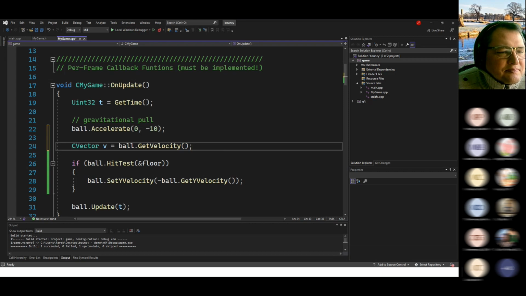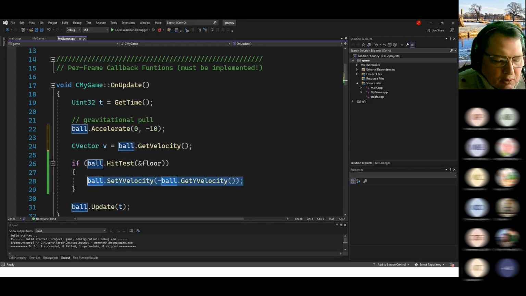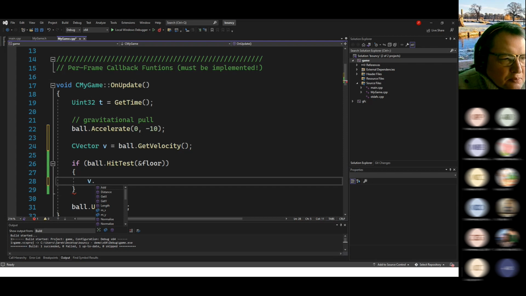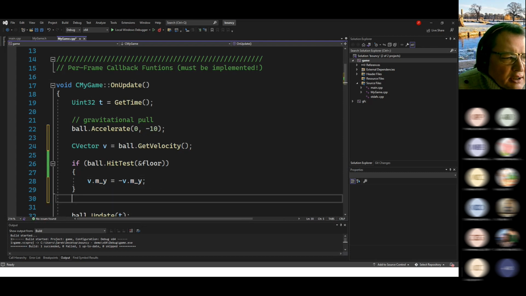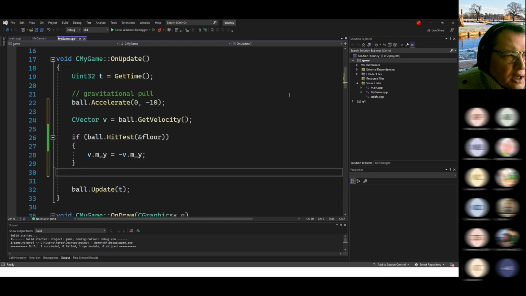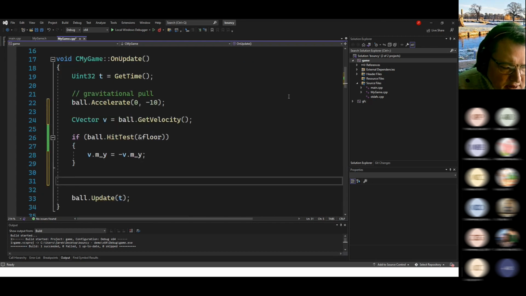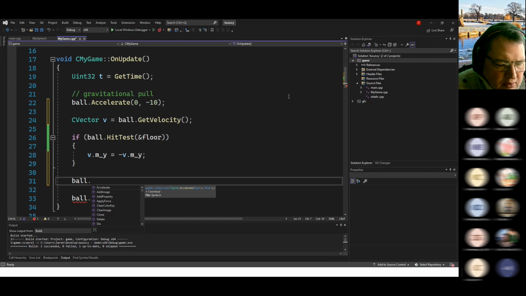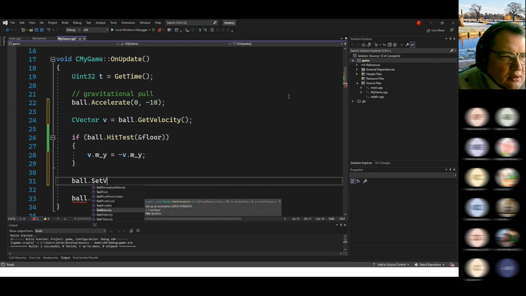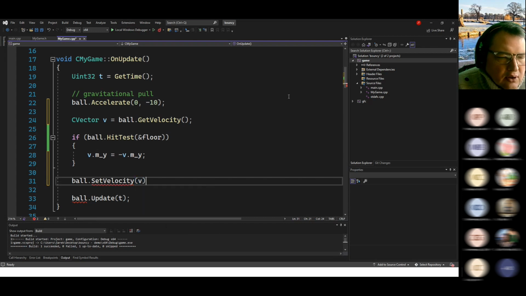All right. And now here, I will just tell that the y component of my velocity becomes negative y component of my velocity. And here, just before the update, I will call one more function of the ball, set velocity v.